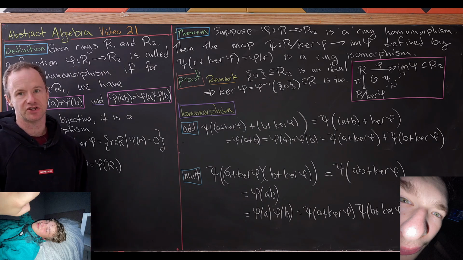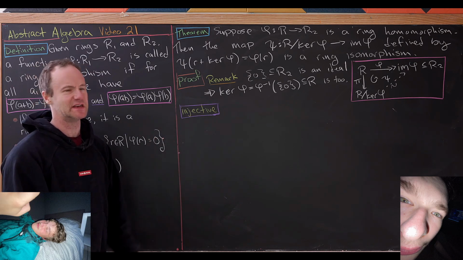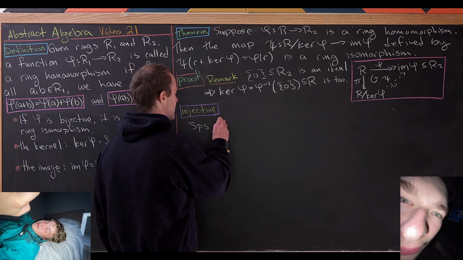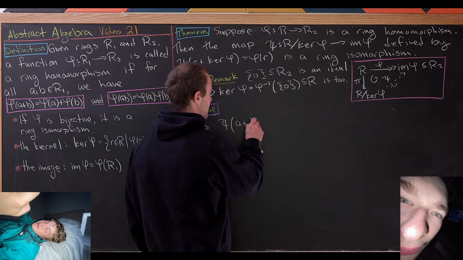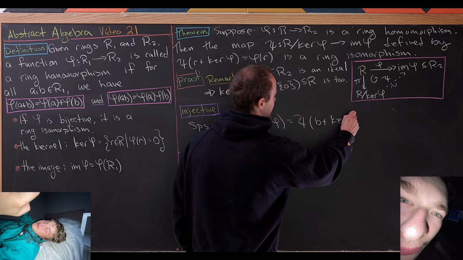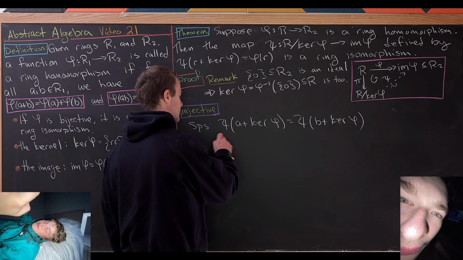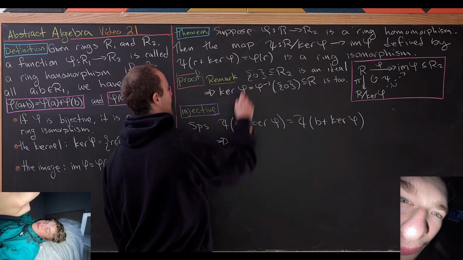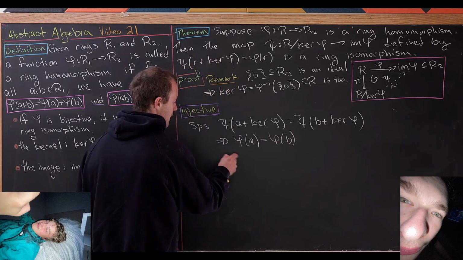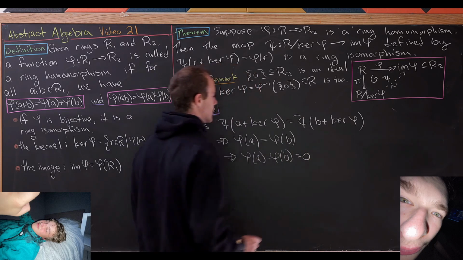Now let's show it's injective. And instead of just finding the kernel, let's do it by the definition of injectivity, just for a difference. So let's suppose that psi of A plus kernel of phi equals psi of B plus kernel of phi. And what we want is for these to be the same coset. But let's notice that by the definition of psi up here, that tells us that phi of A equals phi of B. Oh, but that means that phi of A minus phi of B is equal to 0.